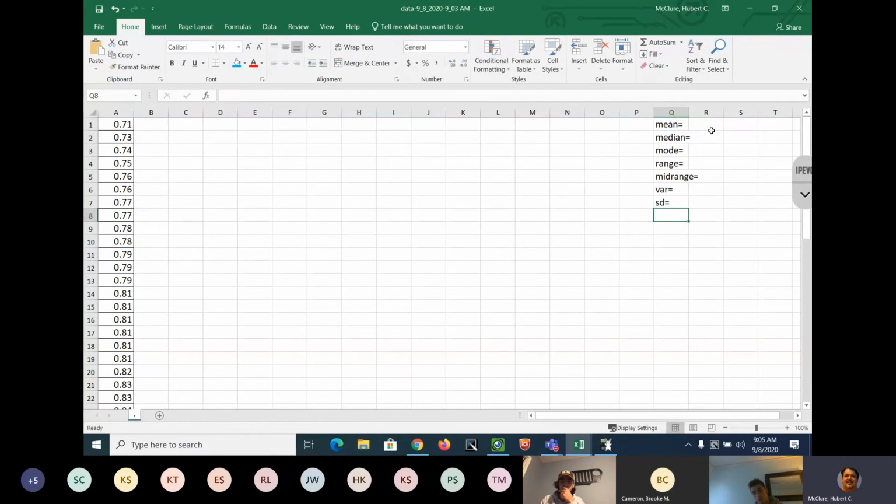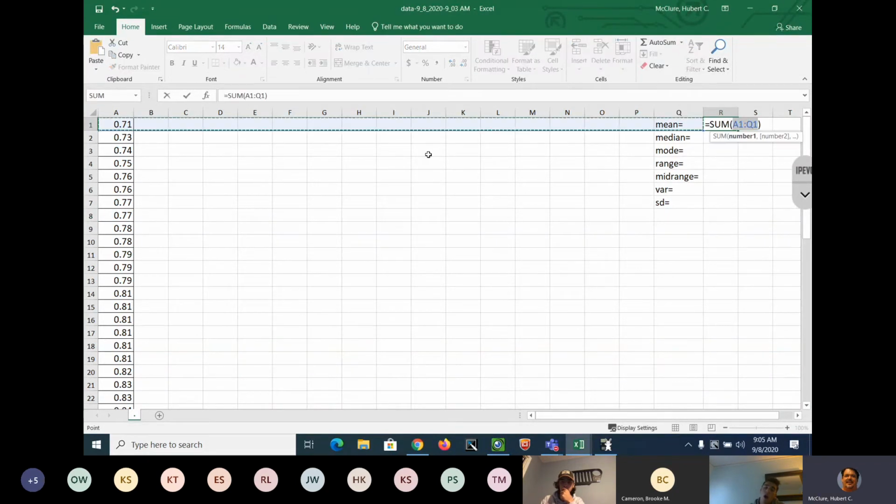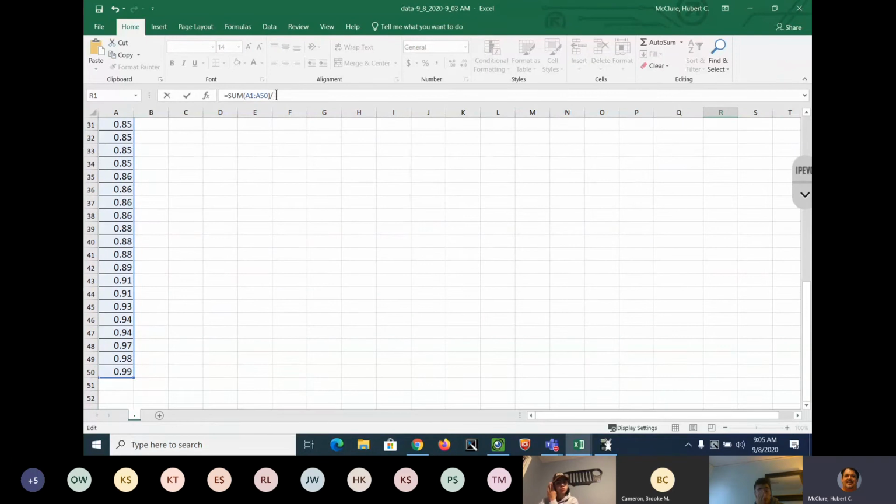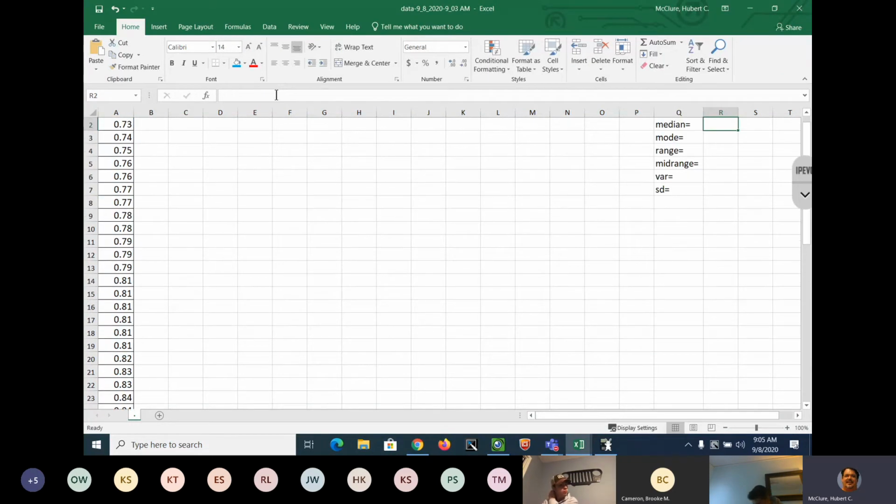And of course, everything is based on the mean, so we need to go ahead and get the mean. And that's going to be equal to this whole first column divided by 50. And there's your mean. Median, well, n is 50. So we need to count 24 down because that's 48, and the two numbers after 24 are going to be your two numbers.